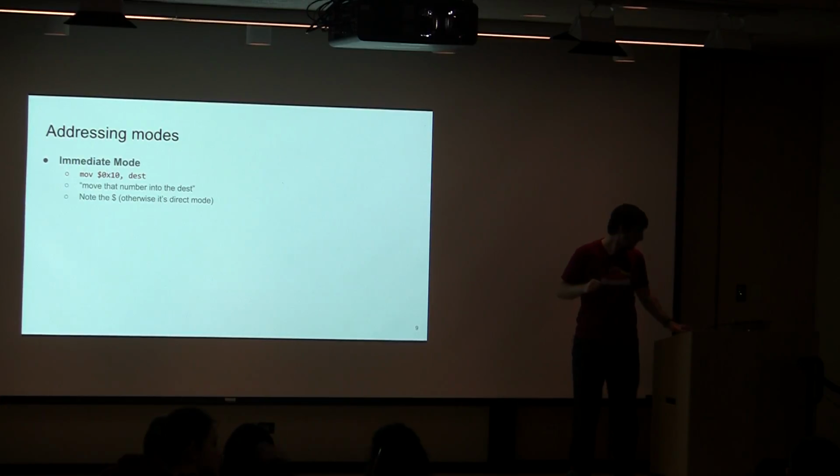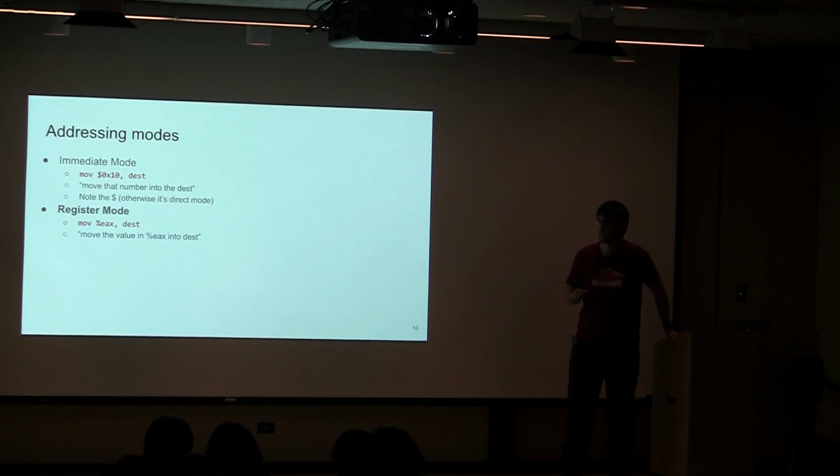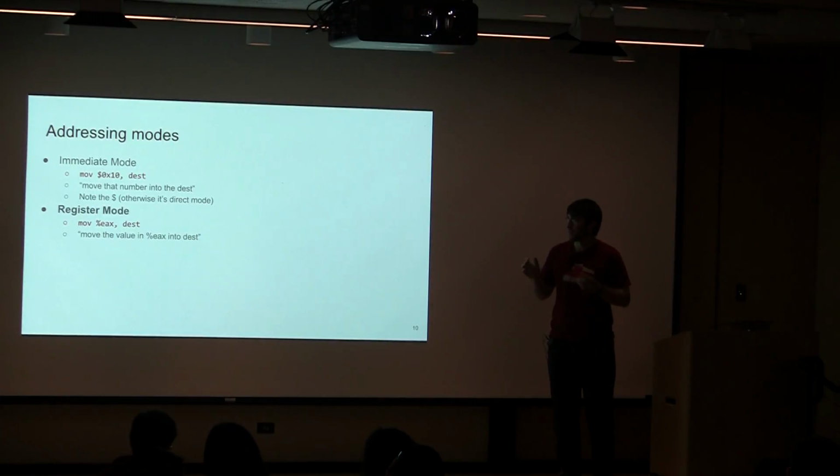Is there a difference between direct and immediate mode? Yes. Good question. We'll get to that. Direct is the third one. Register mode is like immediate mode, but we just name a register instead. So in register mode, you're moving the contents of that register into the destination. So if EAX is a register, it has some number in it.